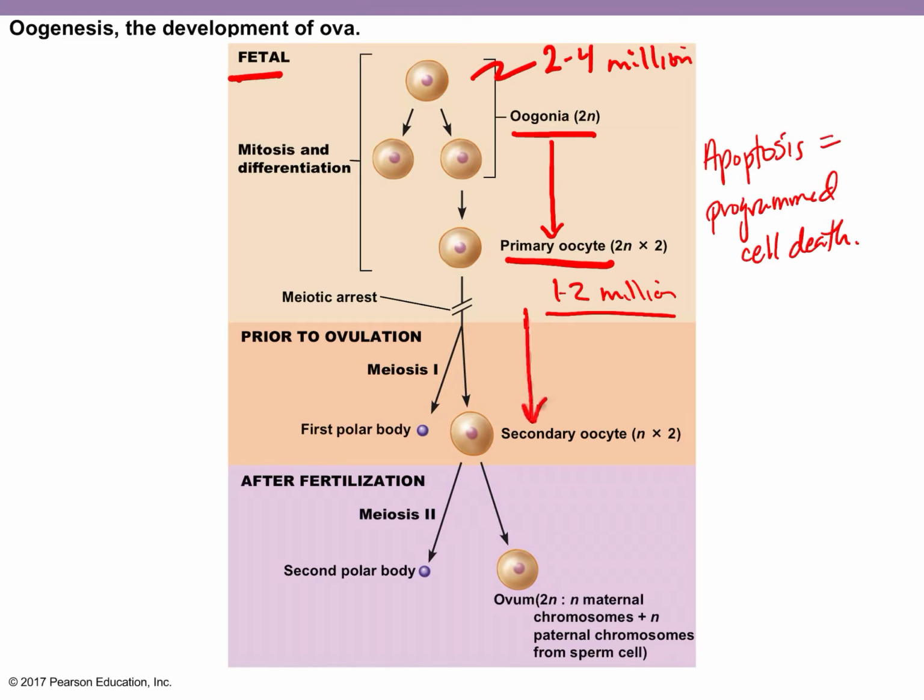Secondary oocytes are basically the finished egg, and that's what's going to be ovulated. The secondary oocyte actually never completes meiosis 2. It's arrested in meiosis 2, and only after fertilization does the secondary oocyte complete meiosis 2.